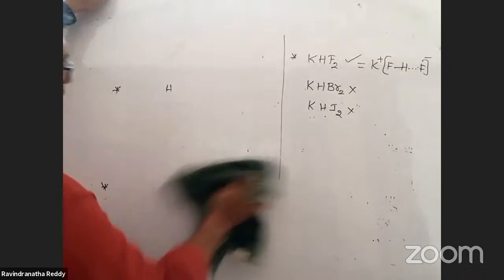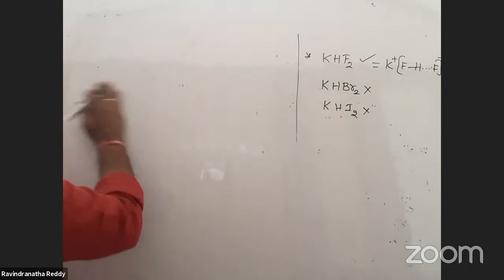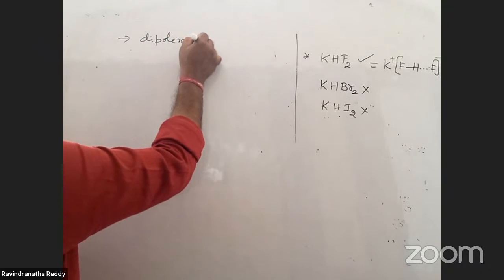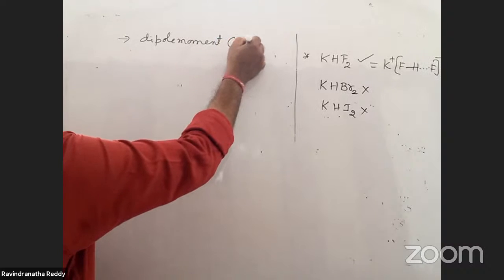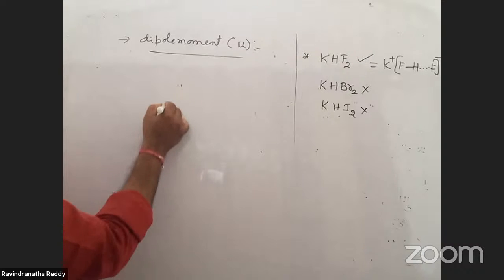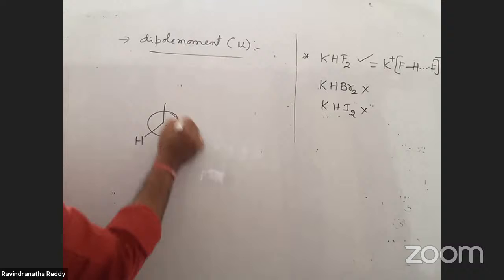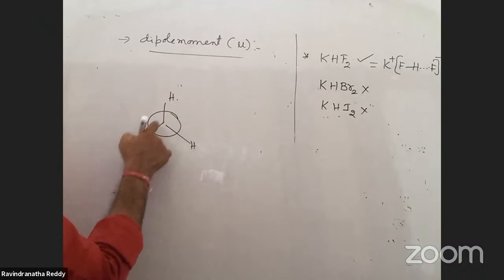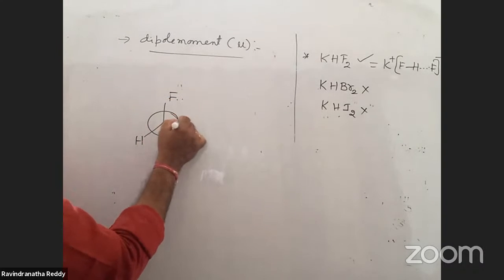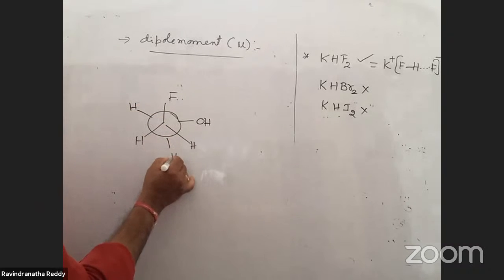Dipole moments comparison. See here, how do we compare dipole moments? Two compounds are given. In the first compound, there is carbon, hydrogen, then fluorine, and a second carbon with OH, where H is there.